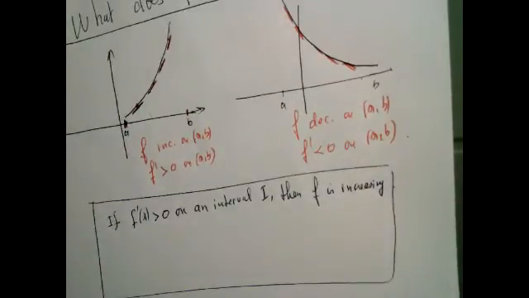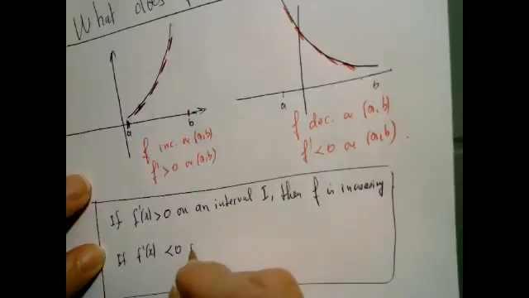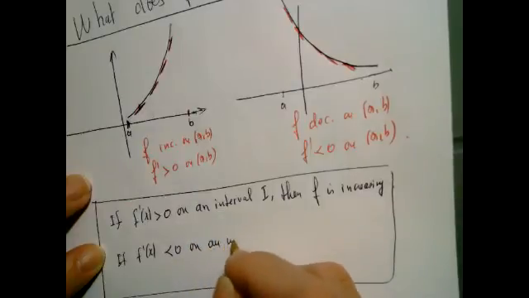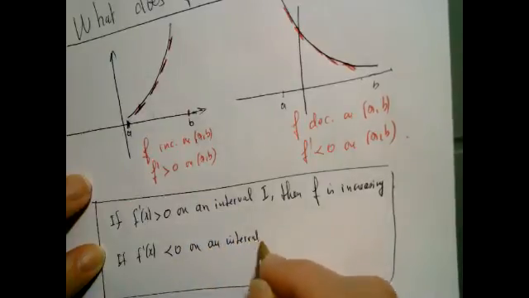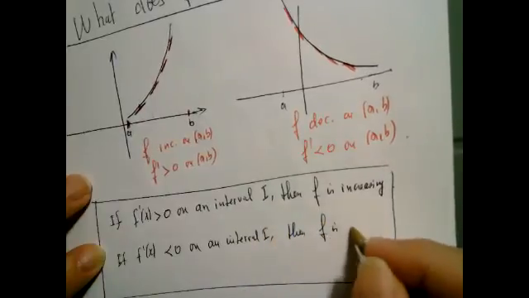So positive or negative derivative is an info about increasing, decreasing. And if f prime is negative on an interval, then f is decreasing on this interval.